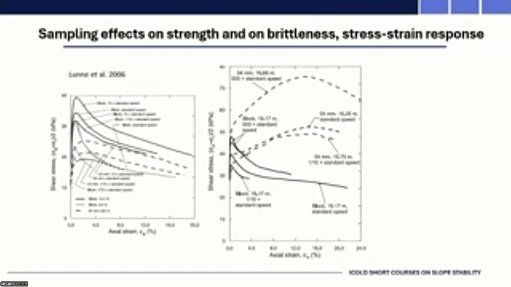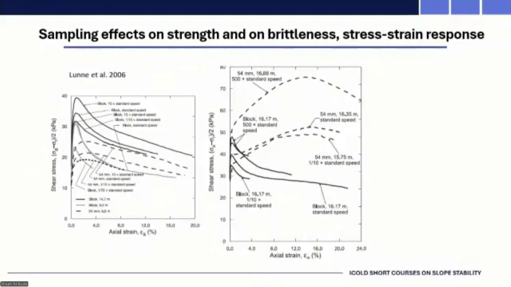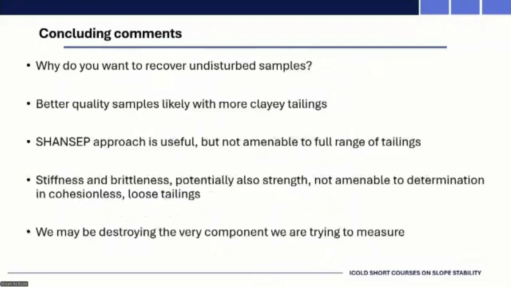So again, depending on what you're trying to get from your undisturbed samples, in cohesionless, silty, sandy type tailings, state parameter might be achievable, but this actual stress-strain behavior and all that goes with it is really an enduring challenge. And I think we've heard about that. So, just wrapping up, ask yourself, why do you want to recover undisturbed samples?